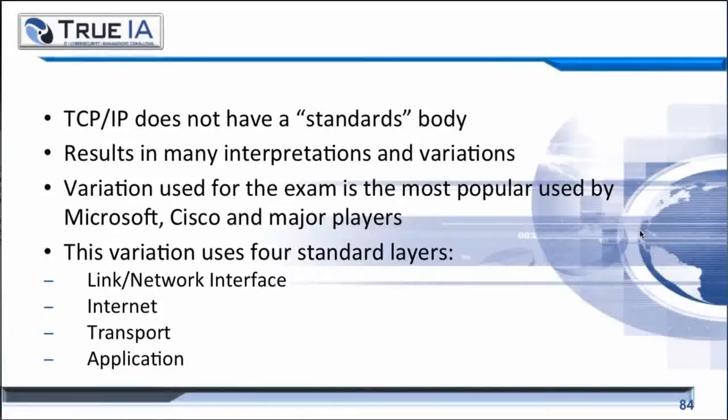This is the result of many interpretations and variations within the models. The variation used in the exam is the most popular, used by major manufacturers like Microsoft and Cisco. However, this variation uses 4 standard layers: the link network interface, the internet layer, the transport layer, and the application layer.